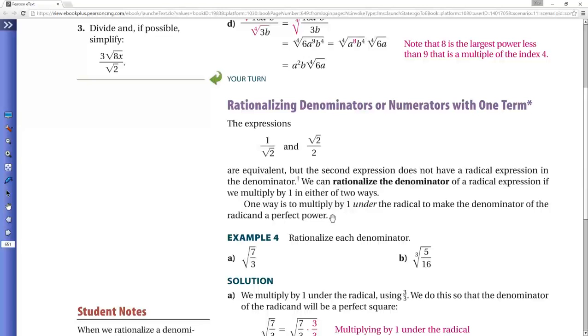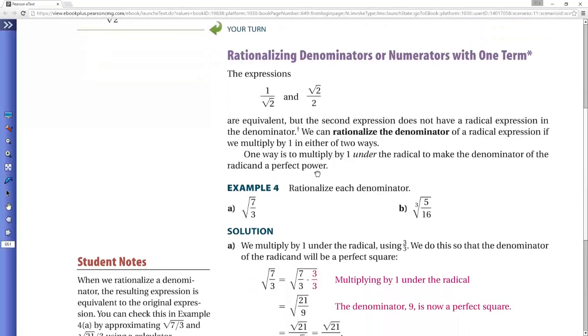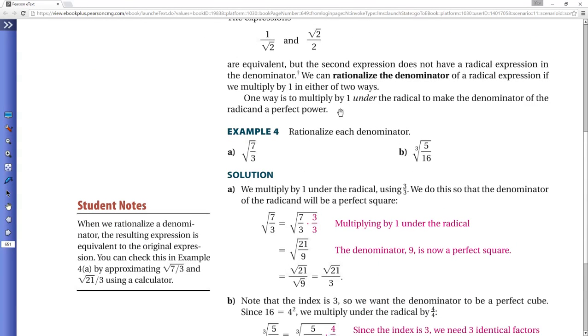We just need to find the strategy to get to the result that we're looking for. So what they've done here to convert this to this is multiply by the square root of 2 over the square root of 2. 1 times the square root of 2 is the square root of 2. The square root of 2 times the square root of 2 is 2. And so on. And they'll show some examples with this stuff.